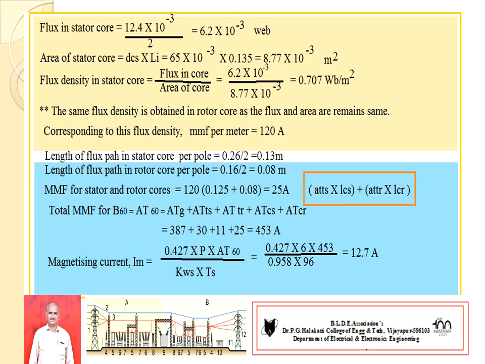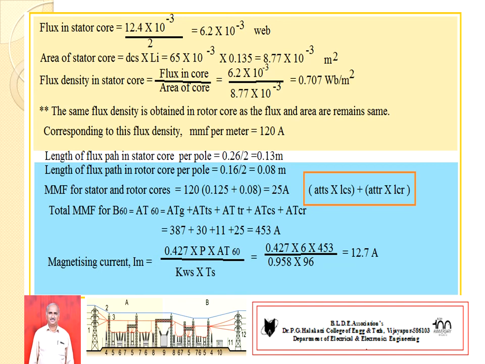Area of stator core equals DCS into Li. DCS is depth of stator core. So you substitute the value and calculate. Then flux density in stator core should be flux divided by area. This value we are going to get as 0.7 Webers per meter square.